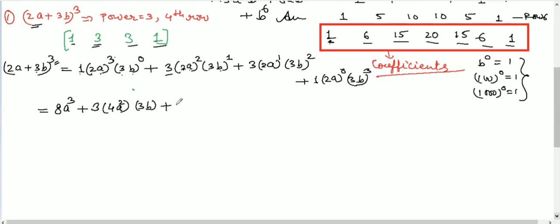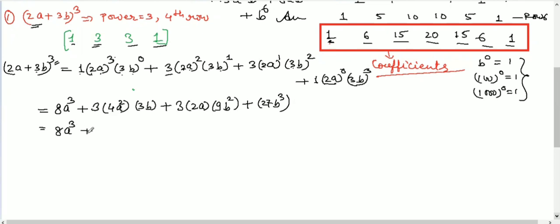Then plus next is 3, 2a to the power 1, write down 2a, 3b whole to the power 2. So 3 square will be 9 and b square. The next term will be 1, no need to write. 2a to the power 0 will also be 1, and 3b whole to the power 3 will be 27b cube.